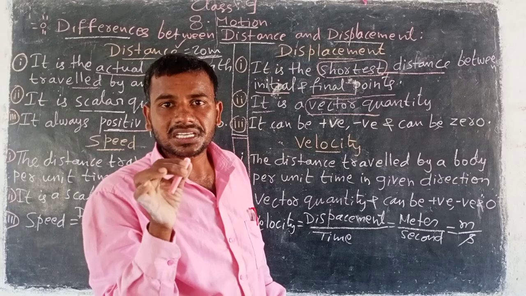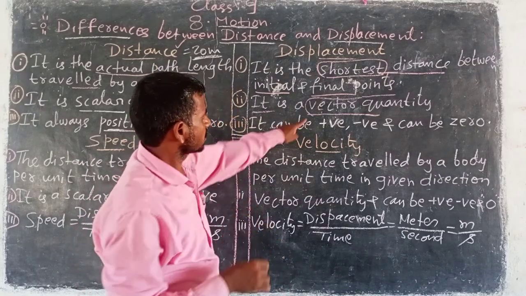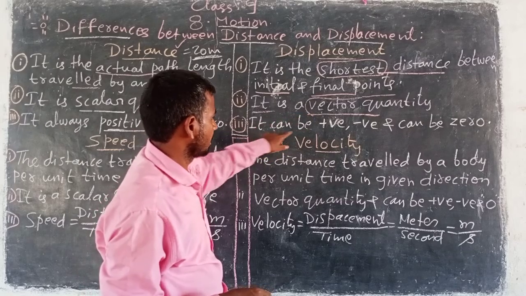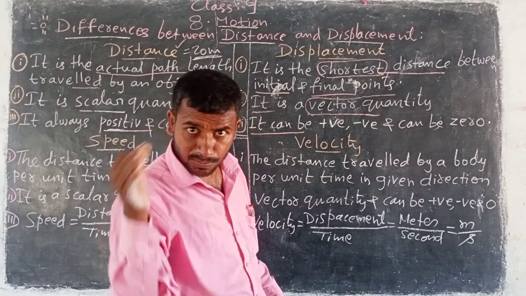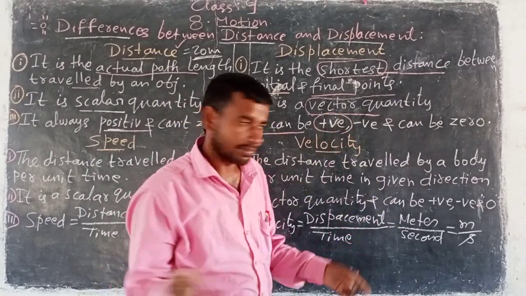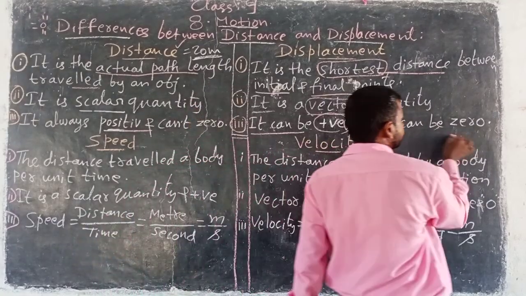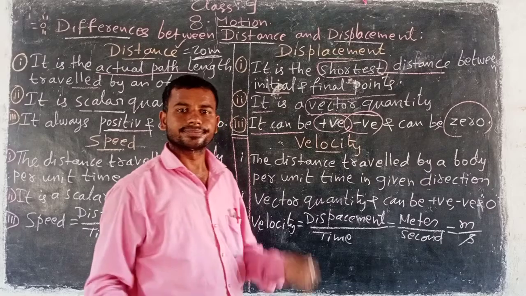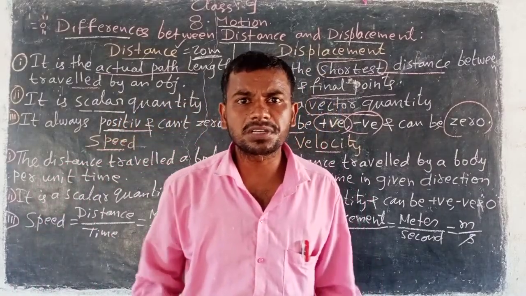So, displacement maintains direction, and it is called a vector quantity. Displacement can be positive, sometimes negative, sometimes 0. Already I told you, if my initial point is this and final point is this, displacement is 0.